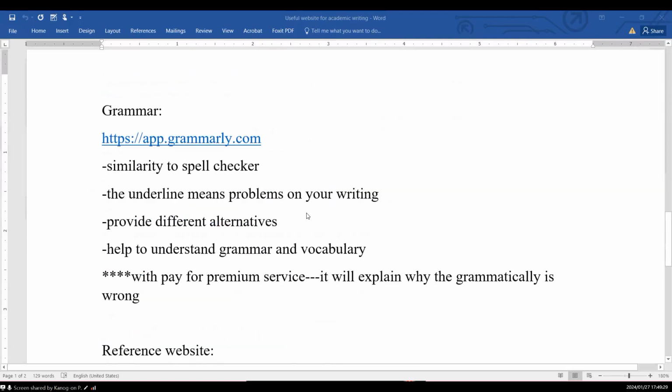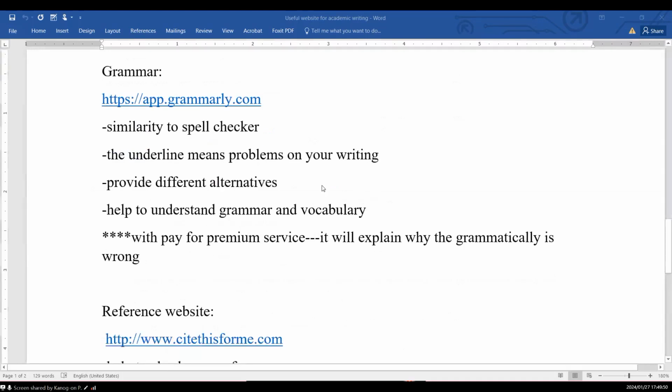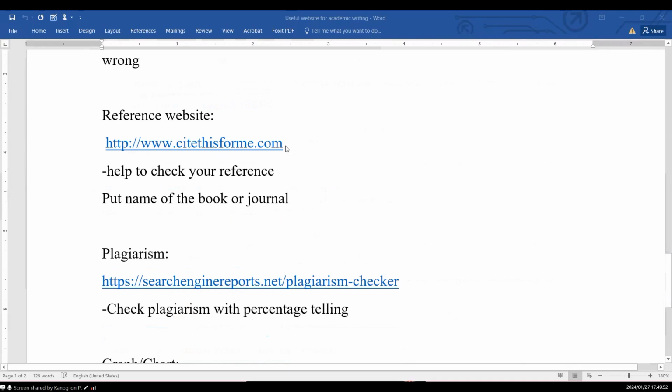Next one is about grammar. You may commonly have heard of Grammarly, or other websites like Paperrater. And for the reference, you can go to Cite This For Me to help you write the reference.